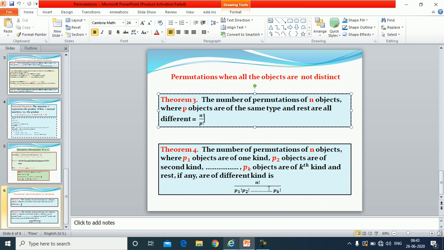This includes all those kinds which are having many objects of the same kind. So this is how the permutation or arrangement of objects which are not all different can be obtained.